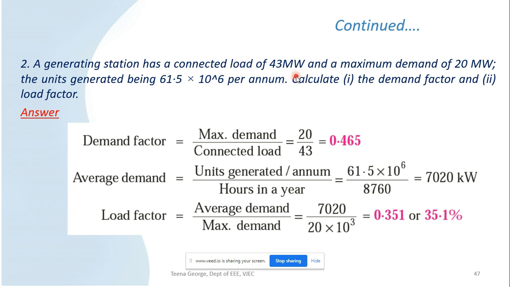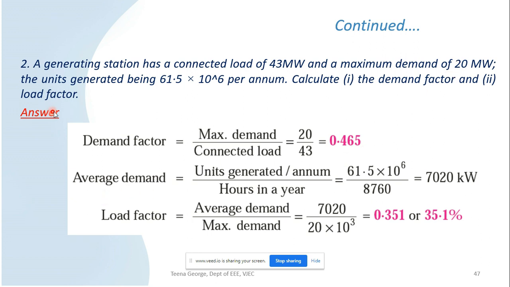Here the connected load is 43 megawatt, the maximum demand is 20 megawatt. We are asked to find the demand factor. What is the demand factor? It is maximum demand by connected load. Maximum demand is 20, connected load is 43. Directly we can substitute and find the demand factor as 0.465.